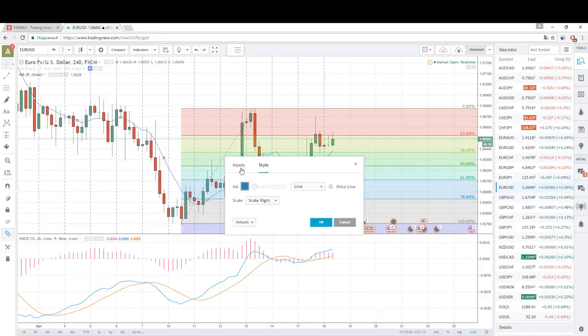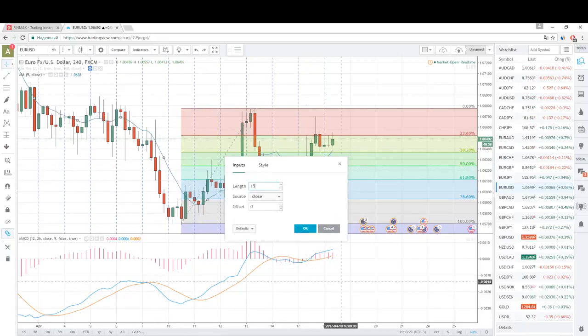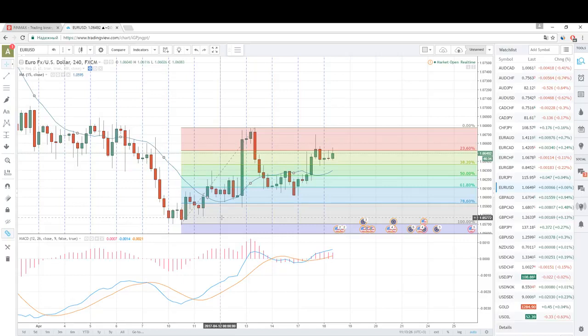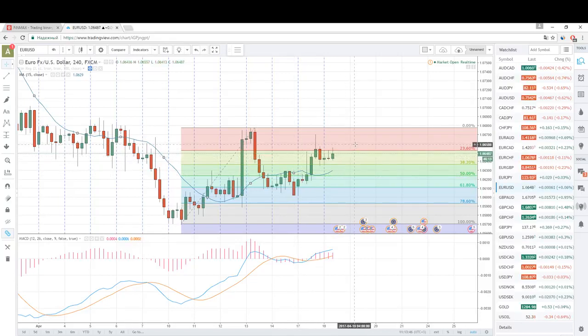Let's switch it to at least 15. It will be smoothed. Okay, so we spoke about the moving average the previous time, and we spoke that it can change. Right now it's on this level. If the next dot will be, let's say, here, it will be higher, and so on.